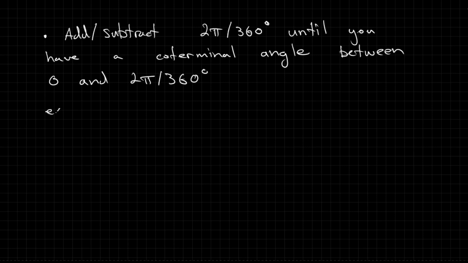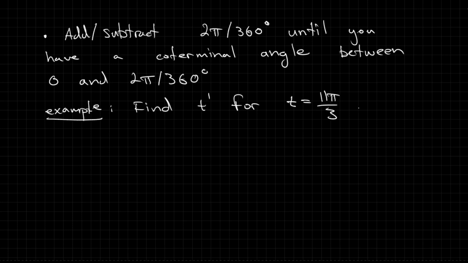So let's write down an example that we'll do as we list the steps. Let's find the reference angle t prime for t equals 11 pi over 3. Now, if 11 pi over 3 is between 0 and 2 pi, you don't have to add or subtract 2 pi. So let's check.